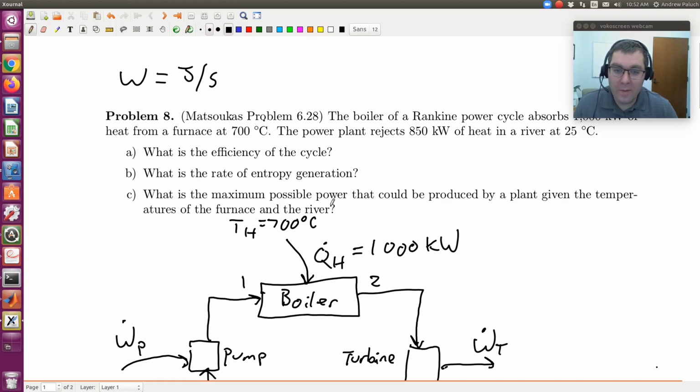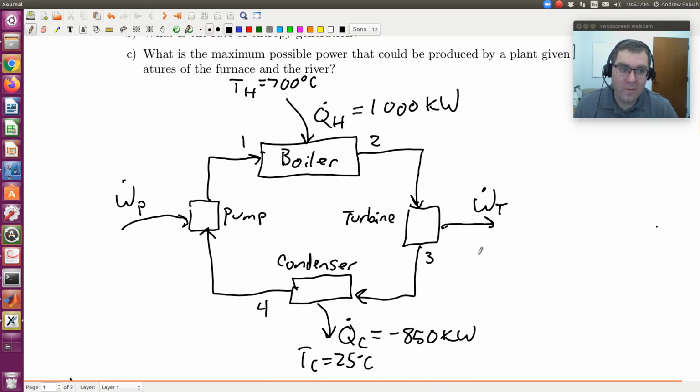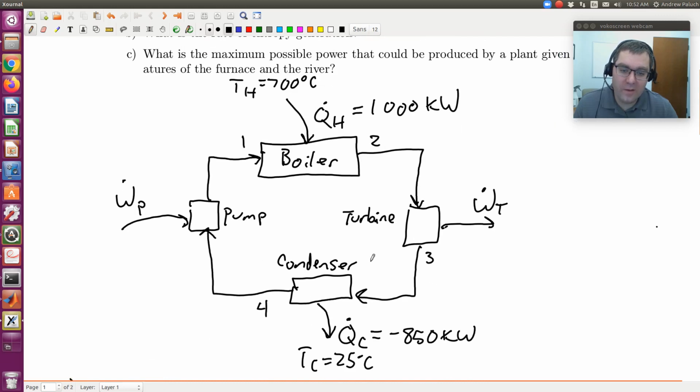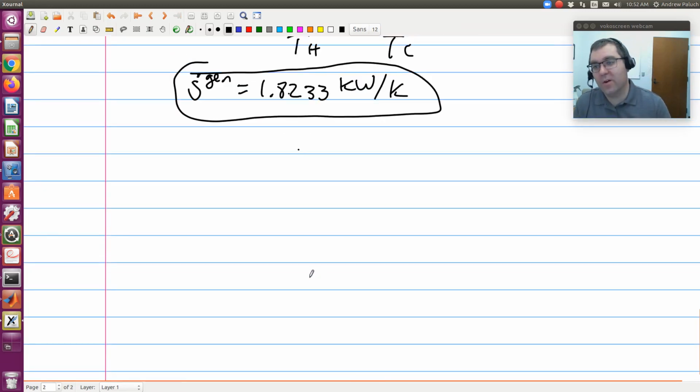So we're not necessarily given QH and QC here, but instead we're given TH and TC. We want the maximum possible power, so the maximum value of W. So we've got to go back to our friend Carnot and think about this from a Carnot perspective.